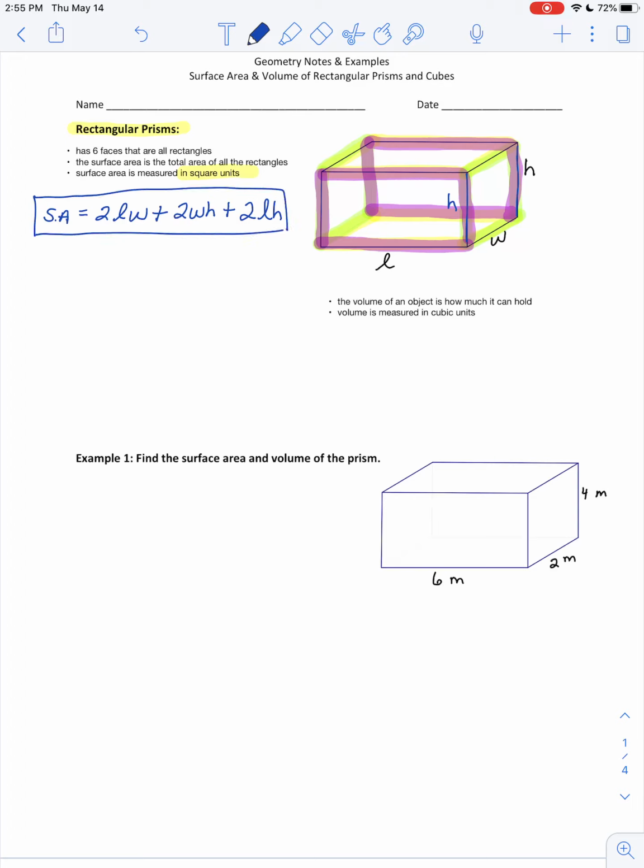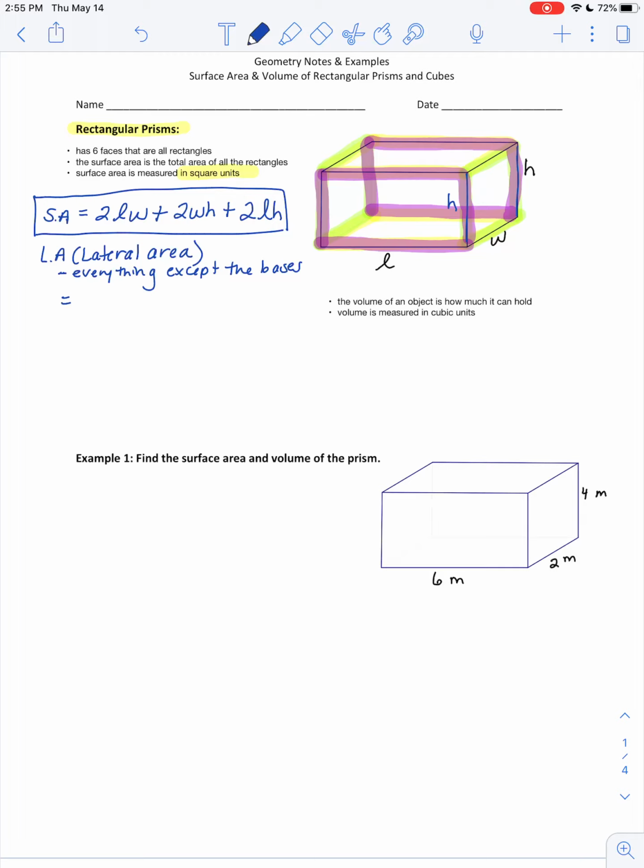Now occasionally you'll be asked to find what we call lateral area. So I'm going to call that LA, standing for lateral area. The lateral area of a solid is going to be the area of everything except the bases. So I'm just going to jot that down. That's everything except for the bases. So what we can do is basically just take away this first part of the formula.